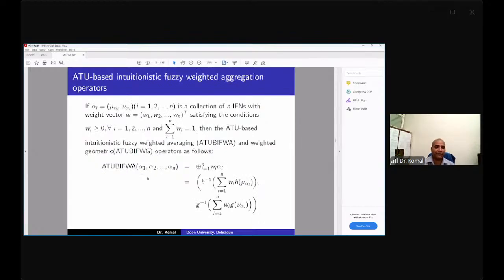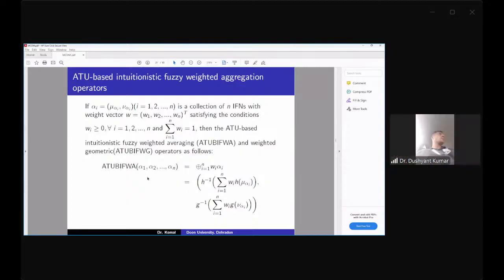In this talk, we will basically use weighted aggregation and weighted geometric aggregation. So I am listing here what the weighted aggregation and weighted geometric aggregation operators are. Suppose we have n quantities alpha i with their membership and non-membership grades, and the associated weights are w, which is w1 to wn.